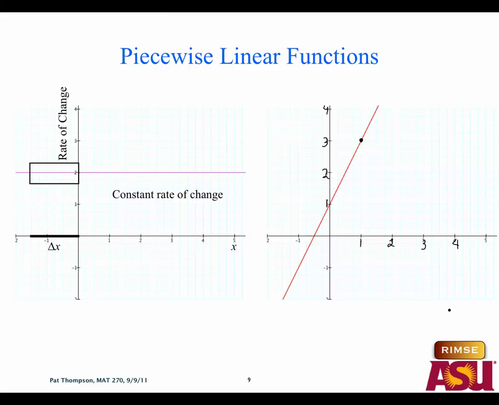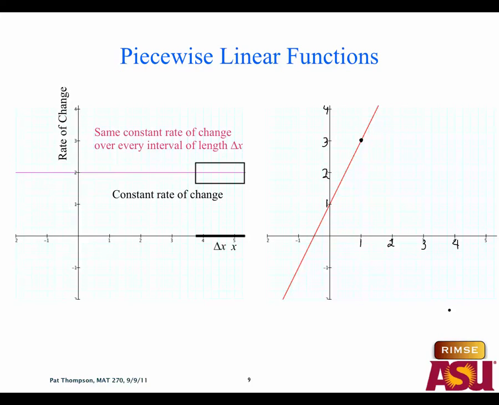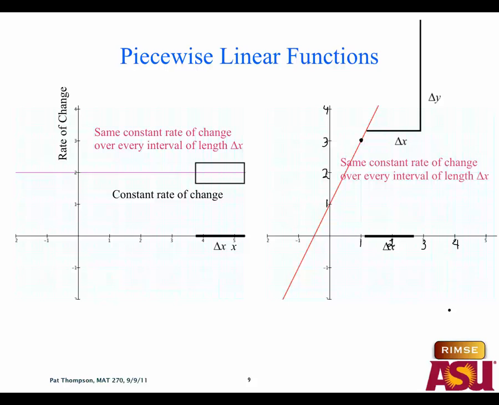No matter what interval you pick, you have the same constant rate of change over any interval length delta x. It's always 2. It's constant at 2. And how do we see that in the other graph? Same constant rate of change. The ratio of delta y, or the size of delta y relative to delta x, is always 2.